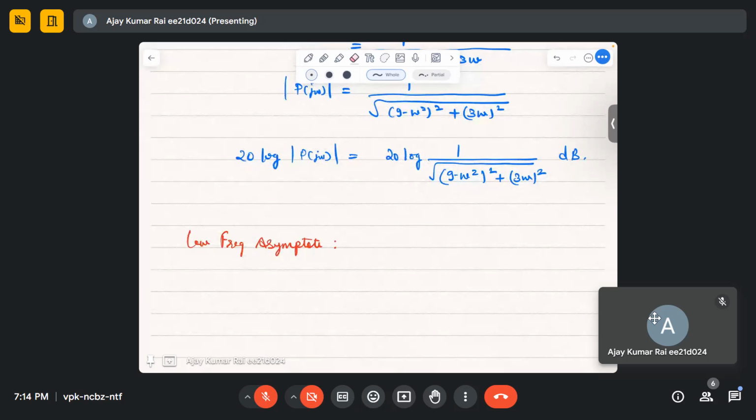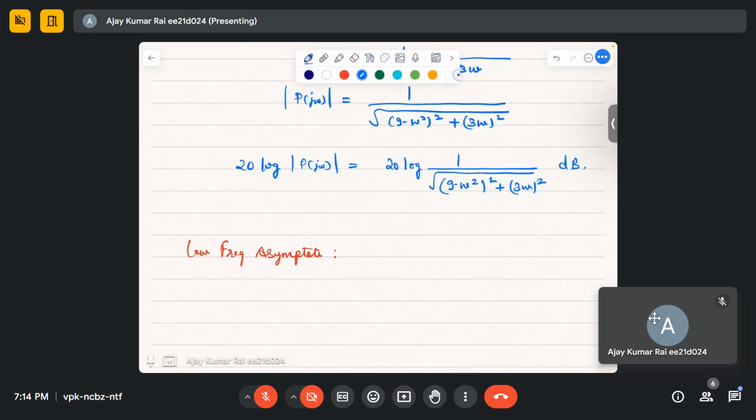So how to find this? You just see this first: 9 minus omega square. You know omega is very small, so if you compare it with 9, its value is negligible. You're subtracting a very small quantity, so it will be equal to 9 itself.